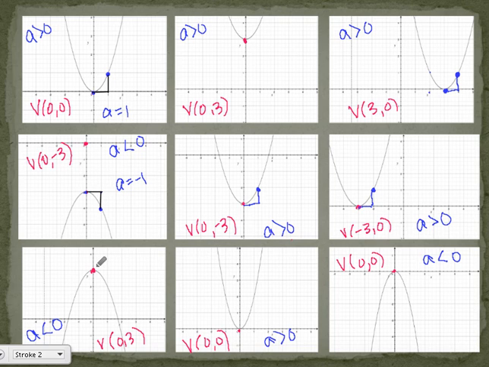Now that first number will establish A for you. I would like for you to notice that in this example down here, I've gone to the right 1 and down 1. That means A is equal to -1. But in this example, I have gone to the right 1, but I have gone up 2.